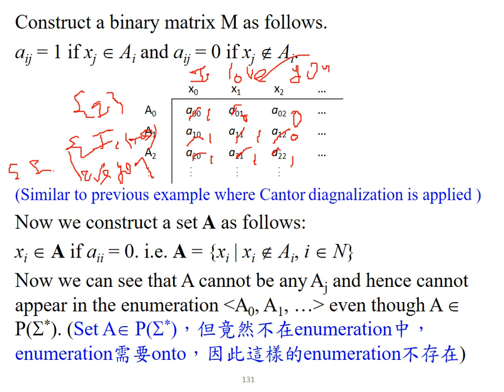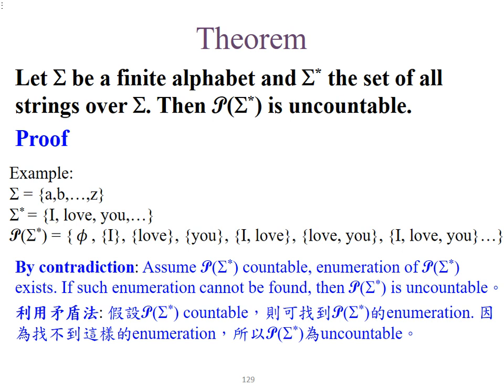Okay, so now we will apply a very similar trick to Cantor diagonalization. Then we assume all subsets within the power set can be listed here. So we just list A0, A1, A2, because we assume that the power set is countable. So how do we make the power set countable?